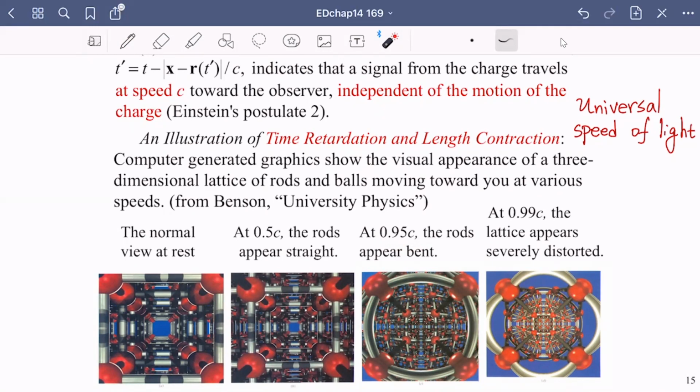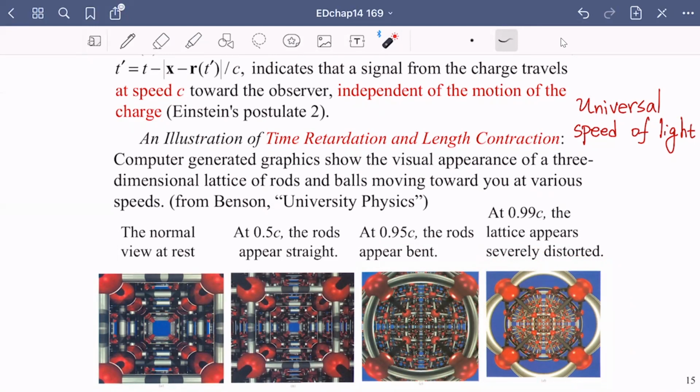So when the particle moves at very high speed, like this one, the lattice appears severely distorted. 变形了。它不再是你看到那个世界，严重的，非常严重的，它很严重的变形，所以看起来好像东西会集中在你的前面。本来 at low speed we have a large hole, but at high speed the hole becomes smaller and smaller.